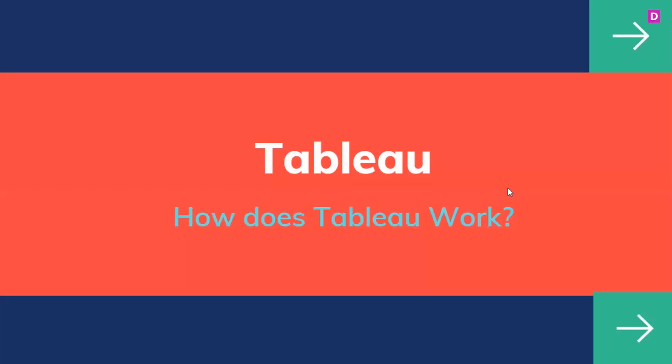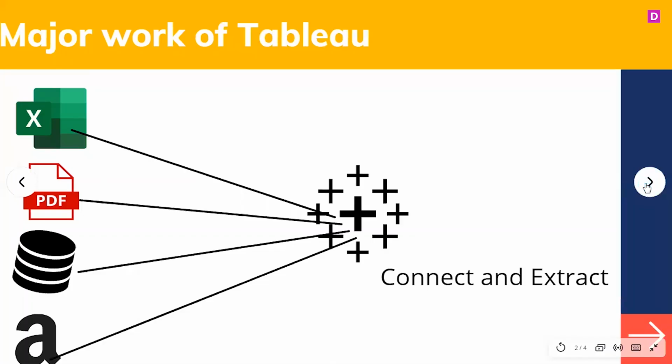All right. So now let us try to understand how this Tableau is working. The major responsibility any Tableau software is expected to carry out is, of course, that the software should be in a position to connect to different platforms. So all the types of platforms which I have displayed over here: you have an Excel, you have a PDF, you have a database, maybe an Oracle database, or it could be a SQL database.